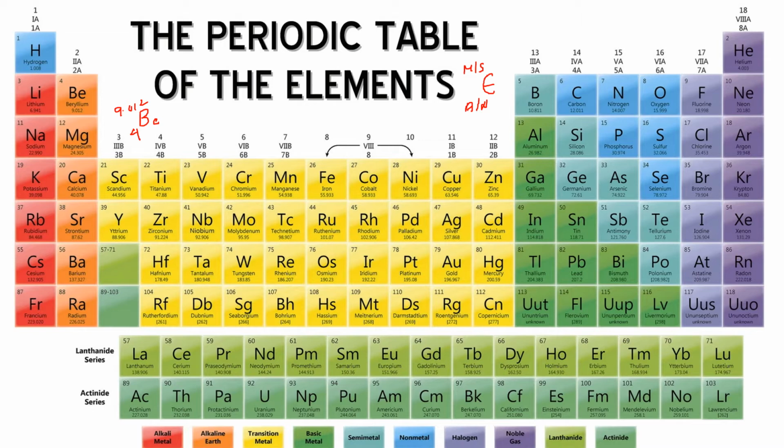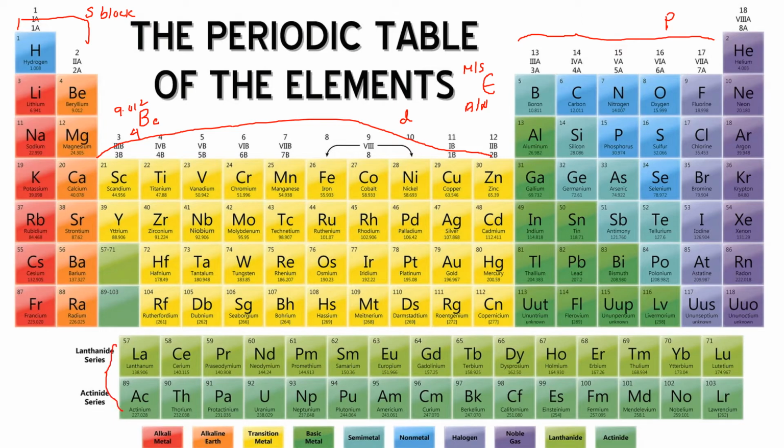So I'll describe a little bit. For example, the first two columns are called the S block, and this part is called the P block, and this part over here, 21 to 30, is the D block, and also over here we have the F block.